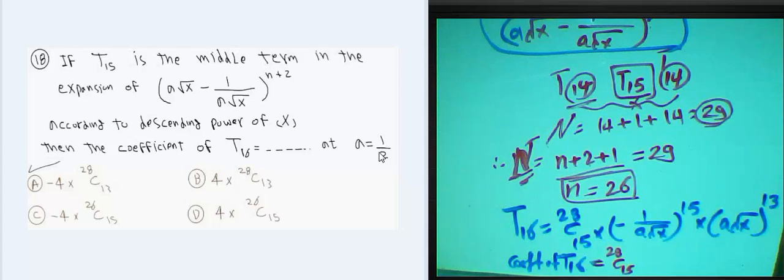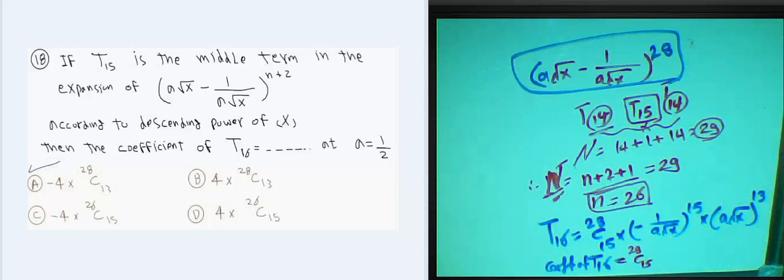When you finish, you must put a equal half. Complete with me. It will be 1 and 1, and -1 over a gives negative a to the power -15, because a lies in the denominator, and here a to the power 13.